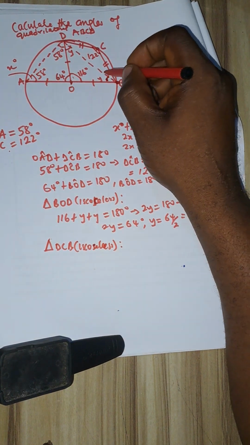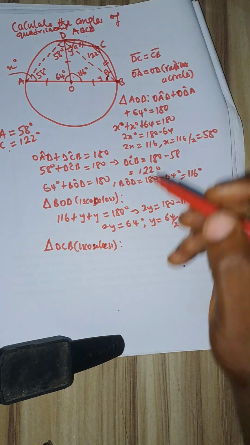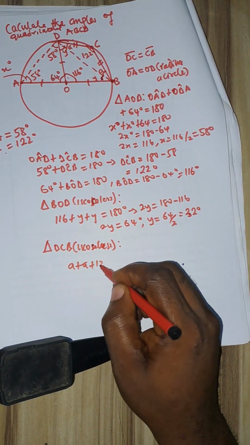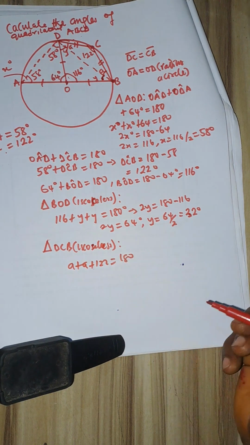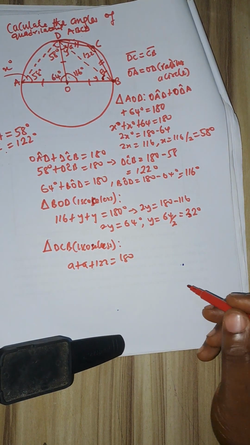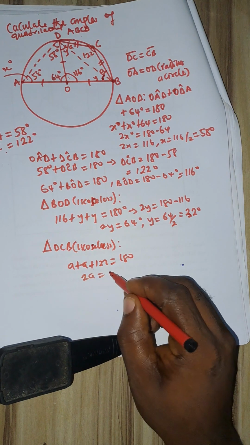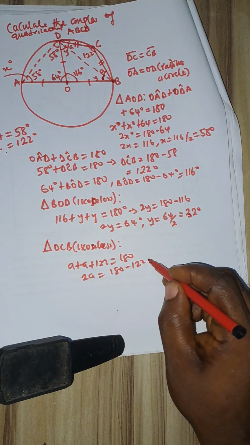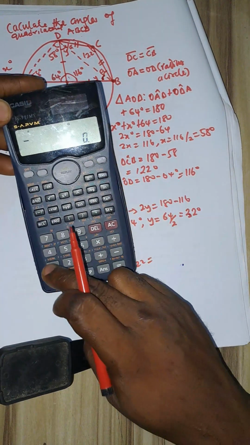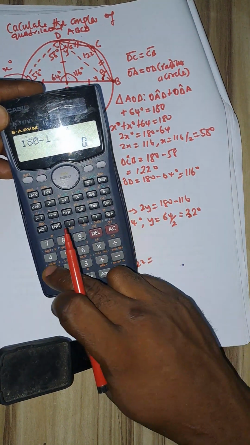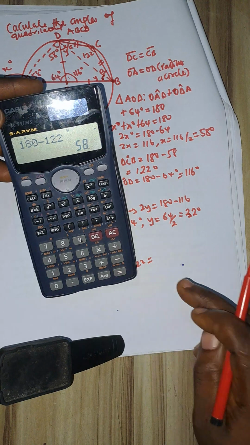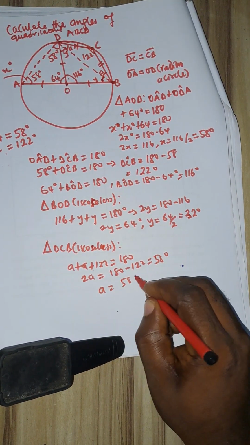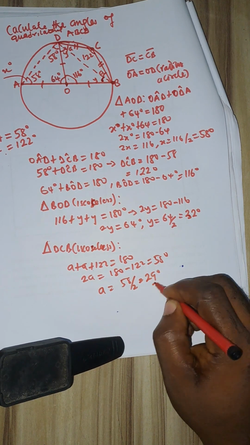If I call this angle A, this angle is also A. Okay, so I'm having A plus A plus 122 equals 180 degrees. Reason: sum of the angles of a triangle. So 2A will be 180 minus 122, which equals 58. So A will be 58 over 2, which is 29 degrees.